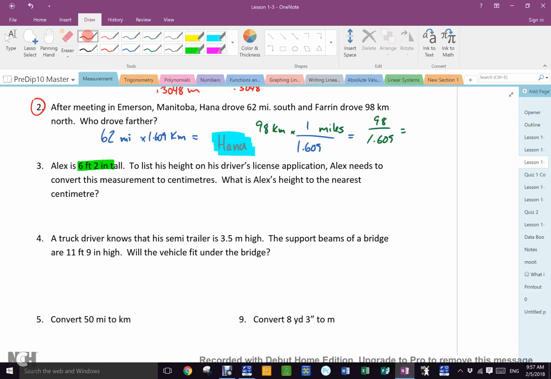This is a yes or no question: is 6 feet 2 inches equal to 6.2 feet? No, do not fall into that trap. What is wrong with that? This is 6 2/12 of a foot, isn't it?